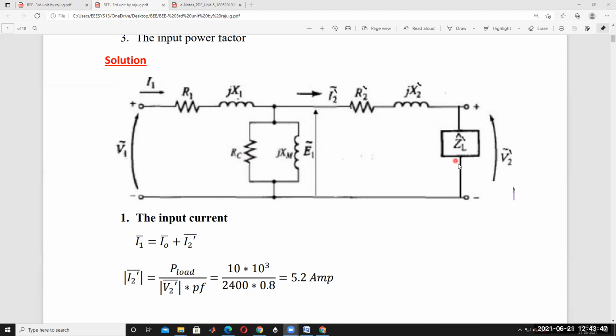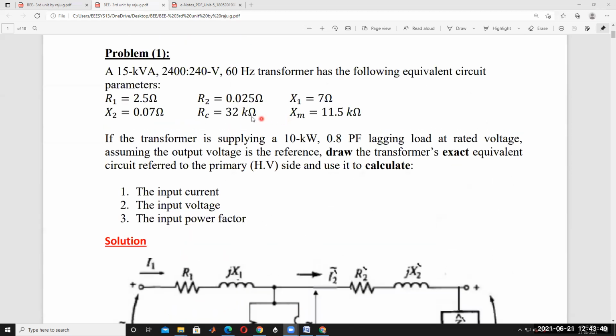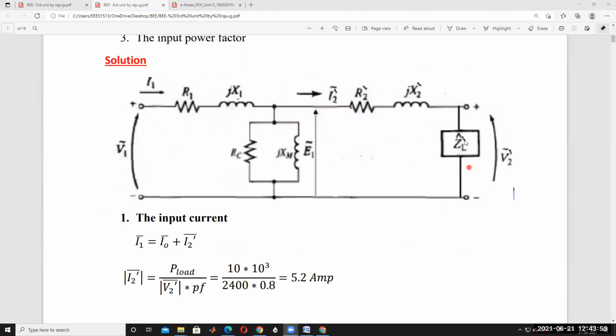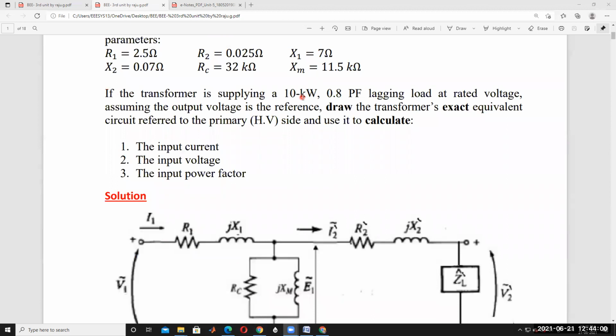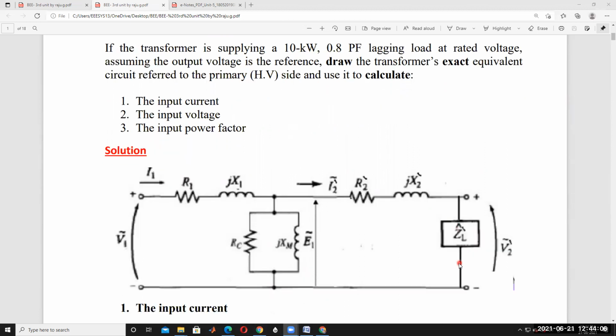You know the rating of the transformer load, 10 kilowatts, 0.8 power factor. The rating of the load is power equal to VI cos phi, active power. 10 kilowatts is the active power. Power is equal to VI cos phi, so 10 kilowatts is equal to V into, okay, this is referred to the primary side.